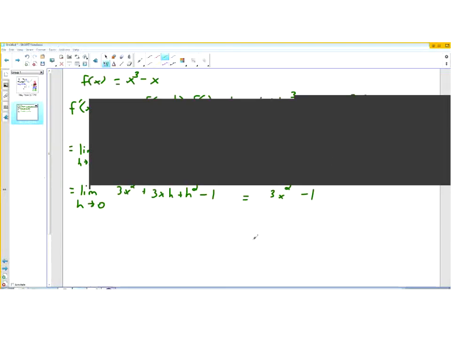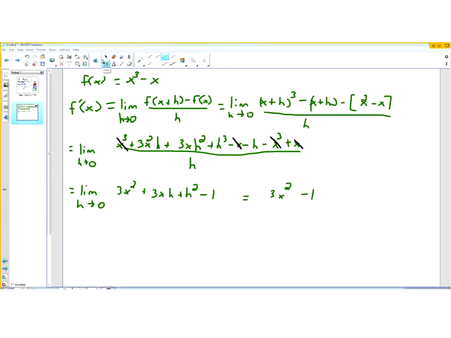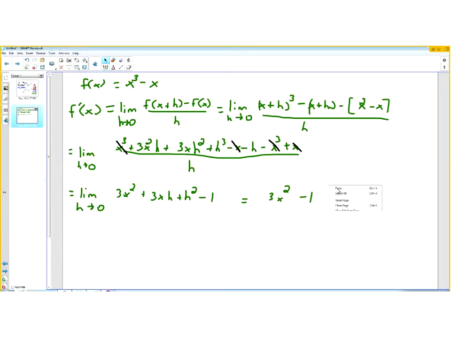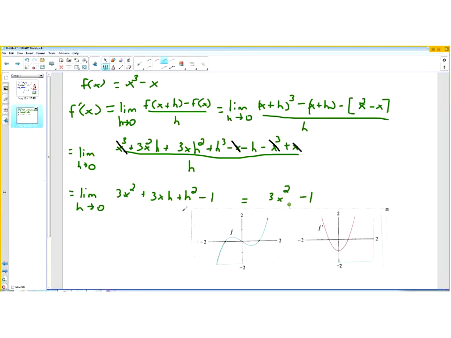And I think this may be in your text. Okay, yeah, so here we go. So the blue graph is x cubed minus x, and the red graph is 3x squared minus 1.